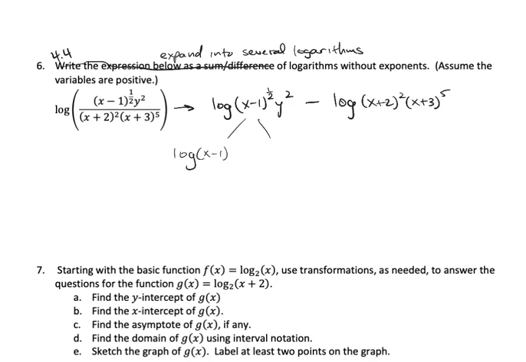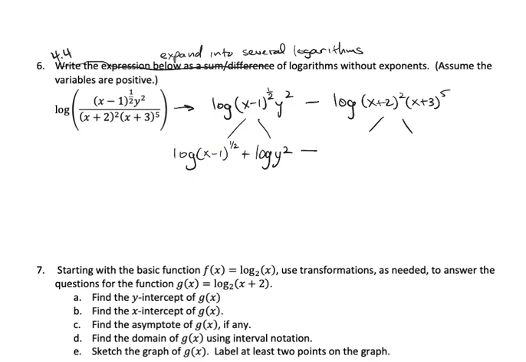So it's log x minus 1 to the 1/2 plus log y squared. And we can do the same thing to this logarithmic expression because it's x plus 2 squared multiplied by x plus 3 to the 5th. So there's another product right here. So we can expand this logarithmic expression into two more logarithms. We have to keep this minus sign here.